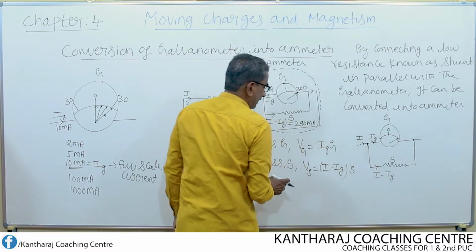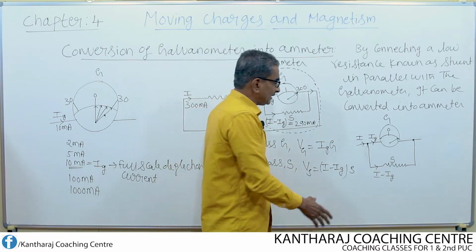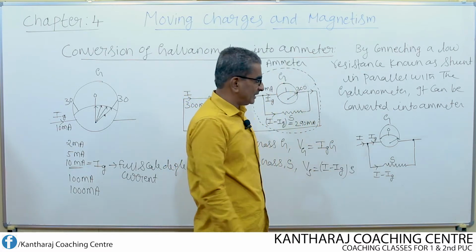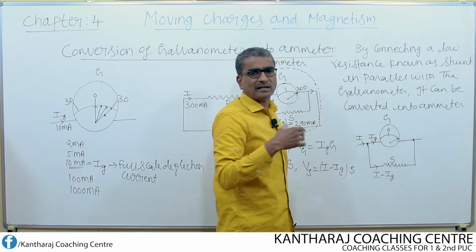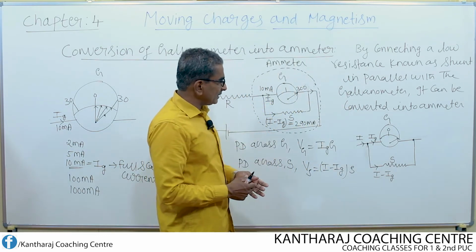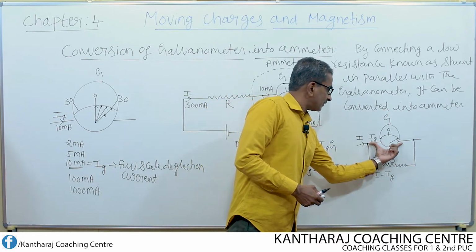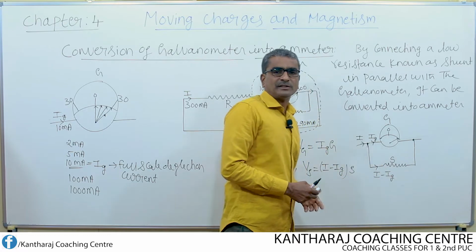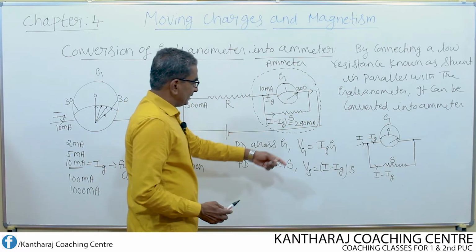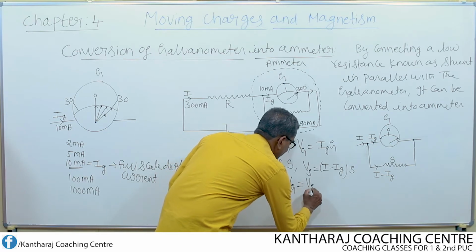S. But we know very well that in case of parallel combination, your shunt and galvanometer are in parallel with each other. Therefore, in parallel combination, the potential difference always remains the same. That means the potential difference across G is equal to potential difference across S. That means I can write this as Vg equal to Vs.